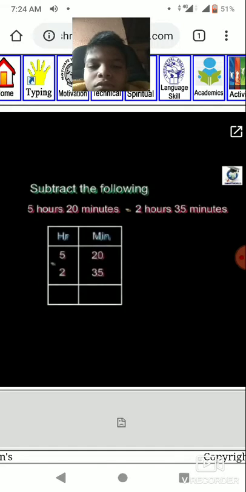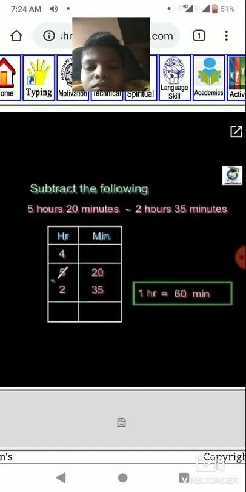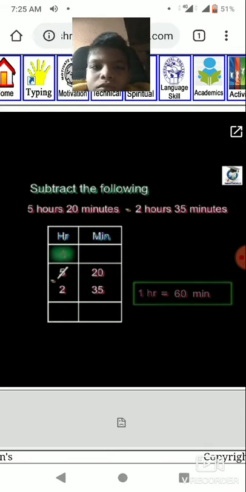Next, subtract the following: 5 hours 20 minutes minus 2 hours 35 minutes. First we'll make the columns of hours and minutes. 35 minutes cannot be subtracted from 20 minutes. So we borrow 1 hour and convert it into 60 minutes for the subtraction.